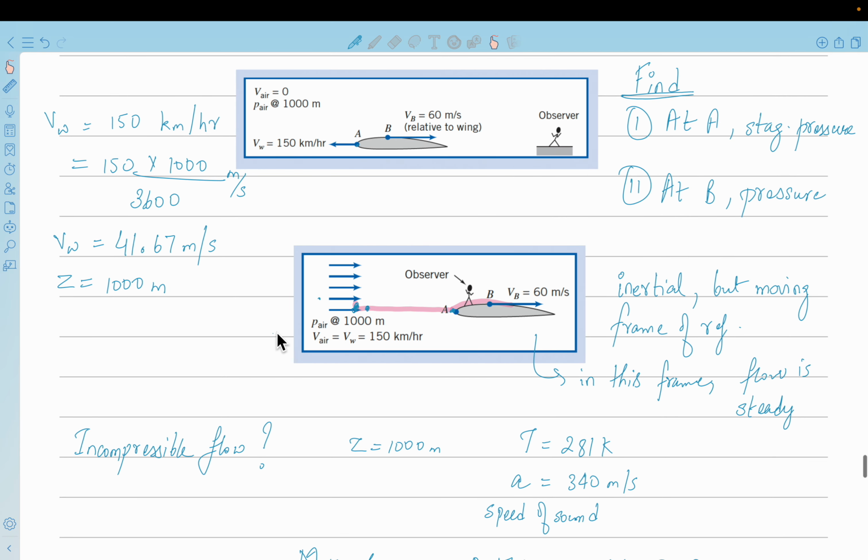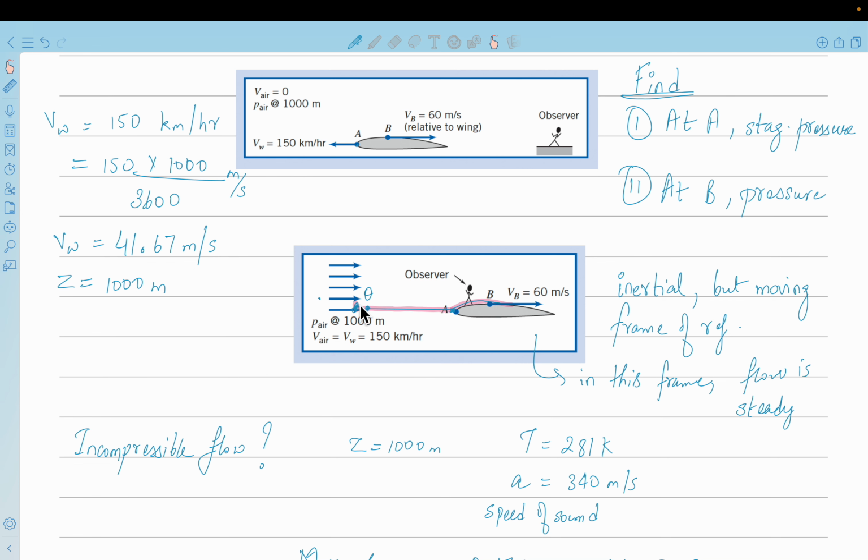And of course, we can always draw this kind of a straight streamline between this point, let's call it O, and this is point A, and then from here the streamline will trace along the boundary of this airfoil.